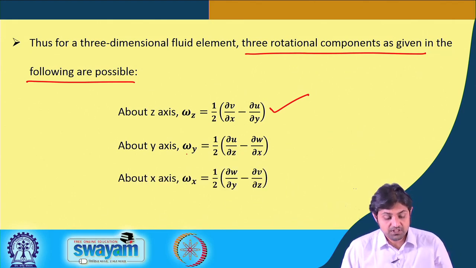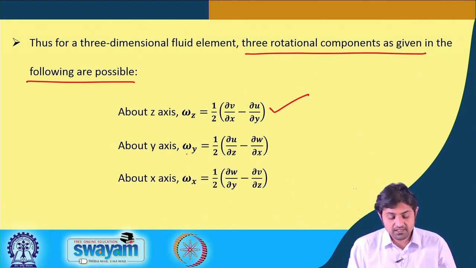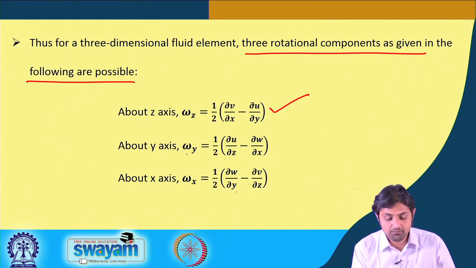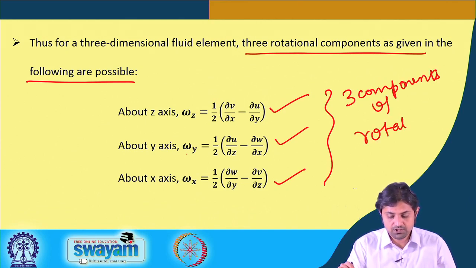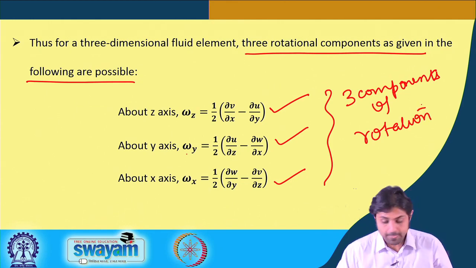And repeating the same exercise about the x axis, it is given as half of del w by del y minus del v by del z. So, these are the 3 components of rotation.